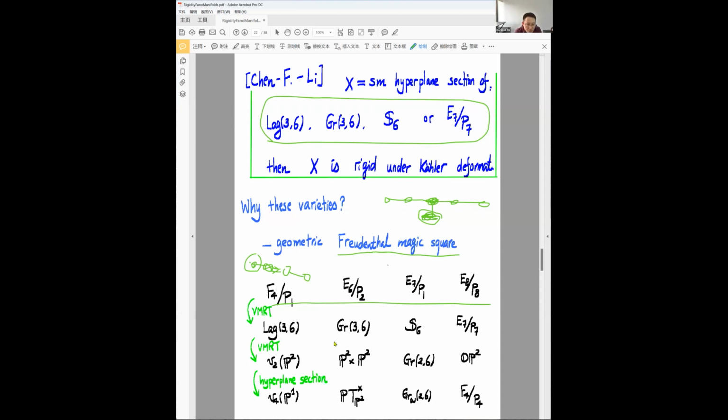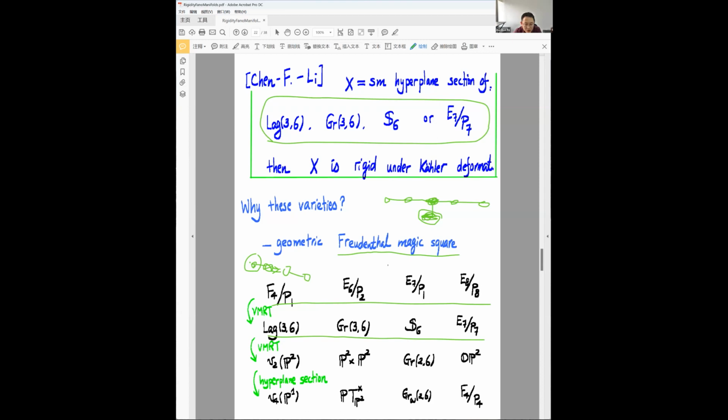And then you take again the VMRT of this second line. You need to remove this point and mark this point. But then you have this double line, so you get the second Veronese embedding of P2, and then this is just P2 times P2, and this is the Grassmannian G(2,6).